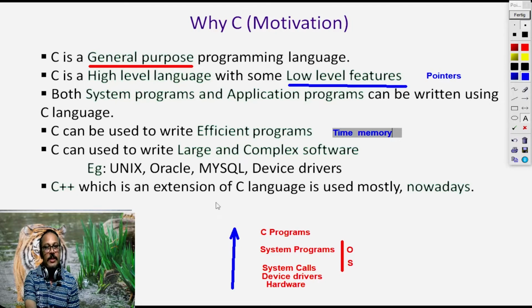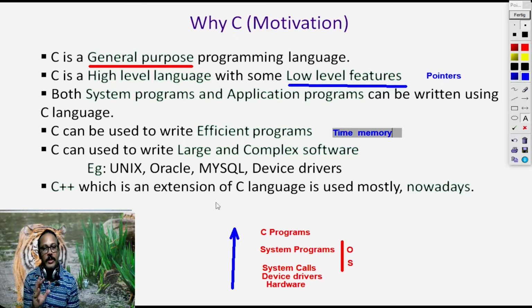If somebody says, okay, nowadays Python is very popular, why don't you study Python instead of C language, nobody is using C, it's not true. C language is used by large organizations to write this kind of large and complex software. Still, wherever efficiency is required, C and C++ are the only alternatives.